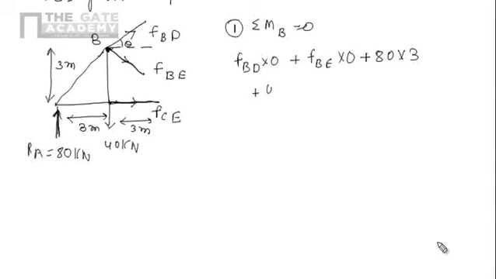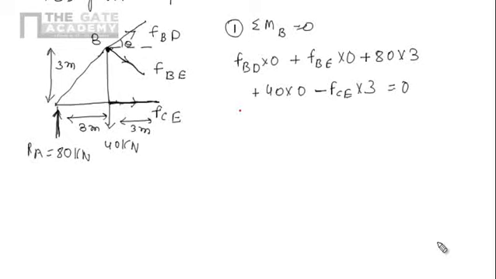So I can write 40 into 0. And if I talk about moment due to this FCE at B, FCE and perpendicular distance is 3. So it will be FCE into 3. And nature of this moment, it is in anti-clockwise direction. So it is negative, equals to 0.